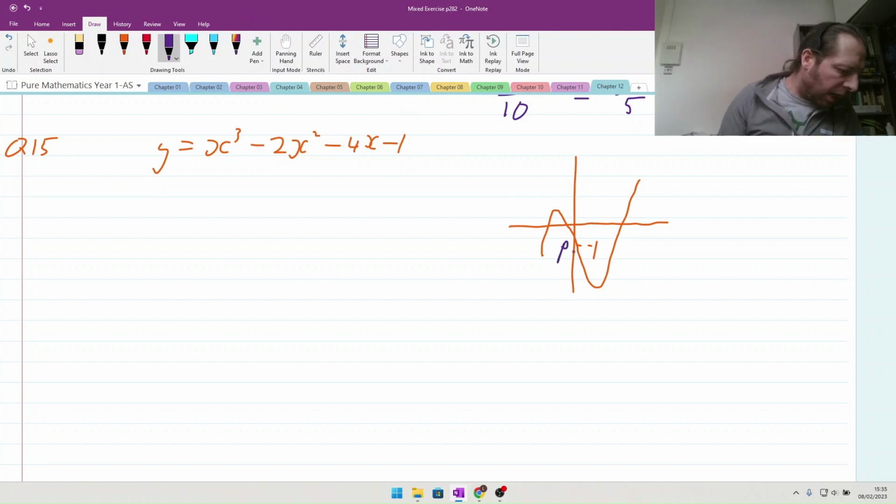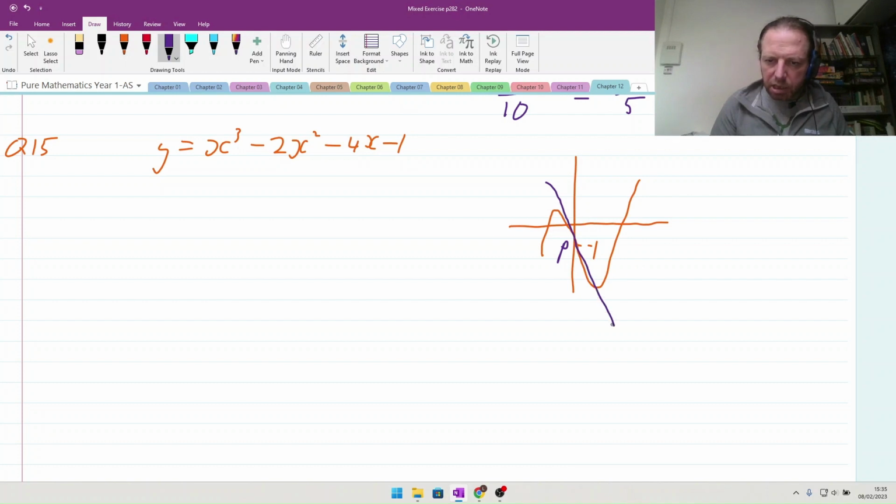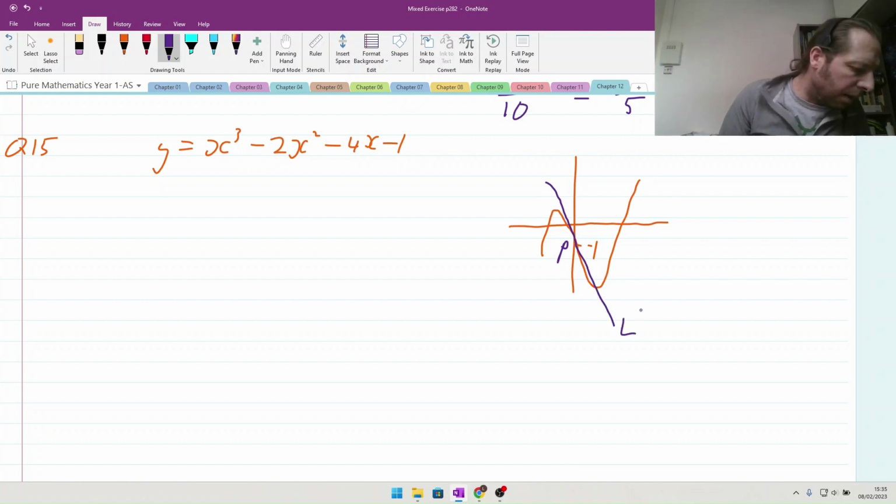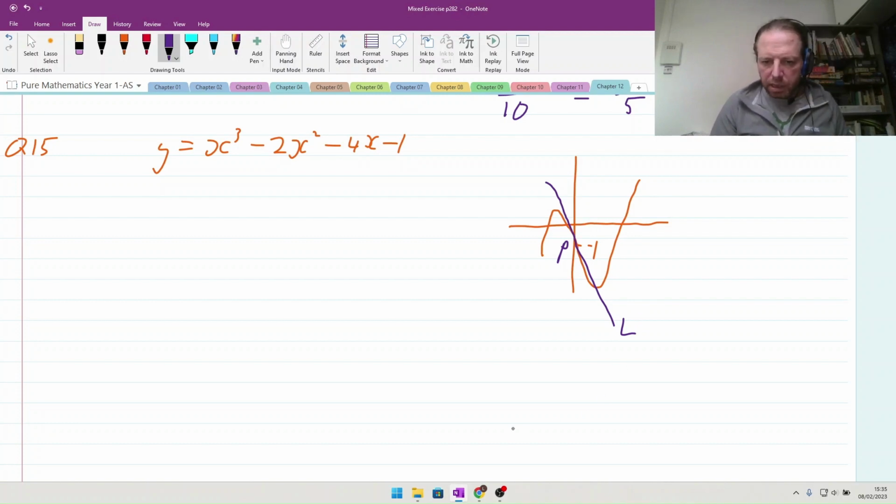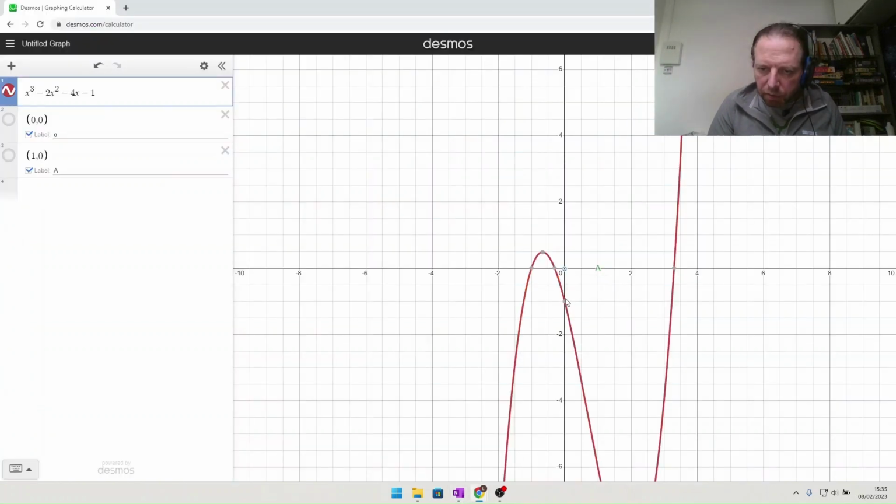Okay. The line L is a tangent to the curve at point P. There it is. It cuts there at a nice tangent, line L, and cuts the curve at point Q. Now, just looking back at your Desmos picture, if we were to do that, it's going to come down and it's going to cut all the way down there, isn't it?